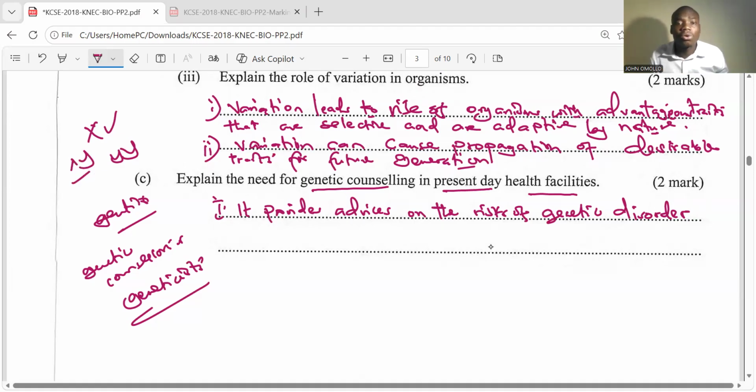So when the genes are not aligned the way they should be, it creates a genetic disorder. So it provides advices on the risks of genetic disorders, e.g., risks of sickle cell anemia.